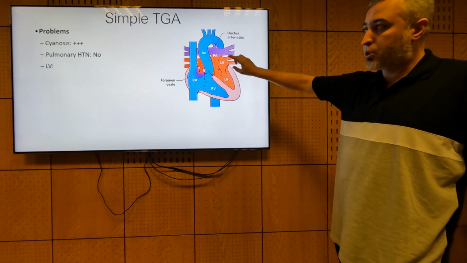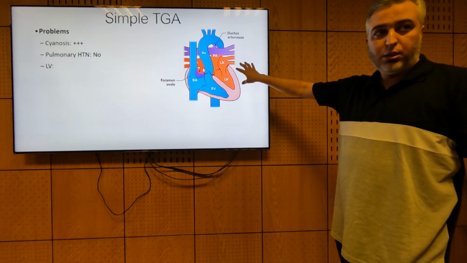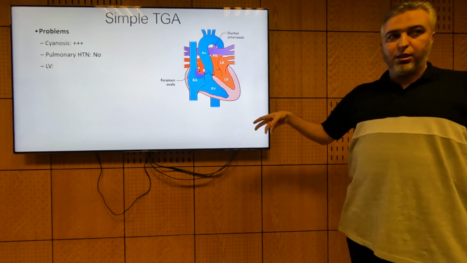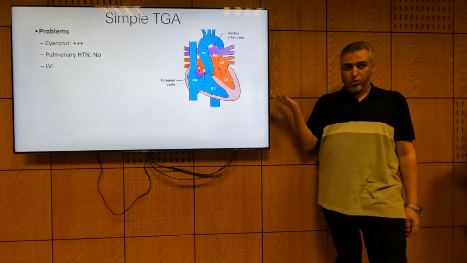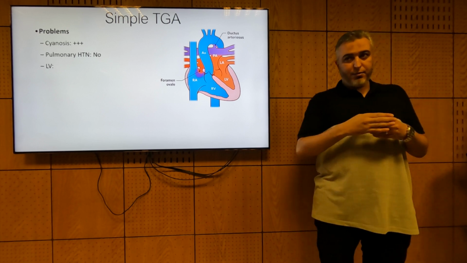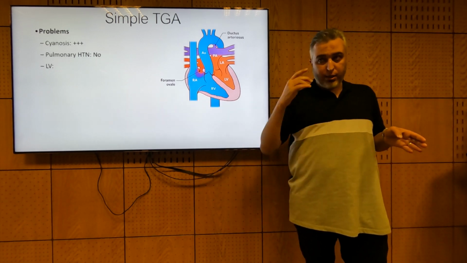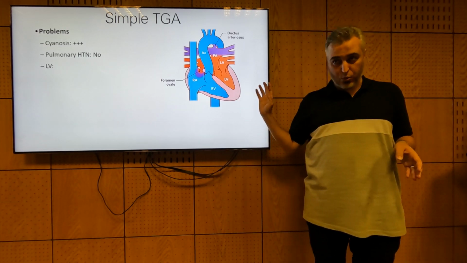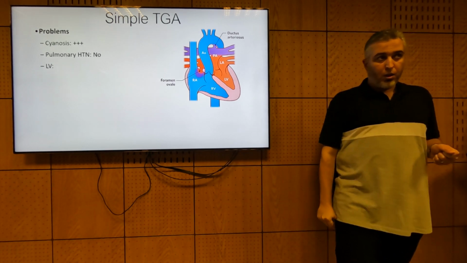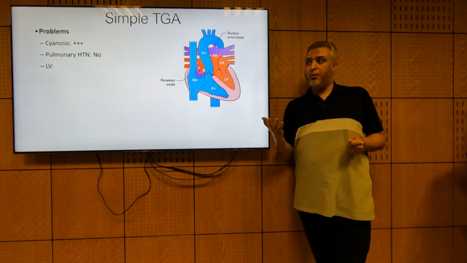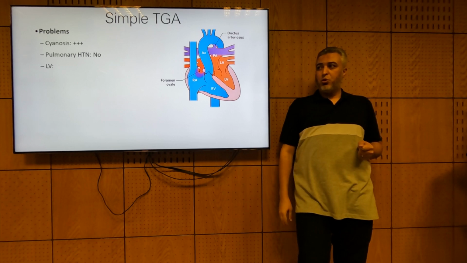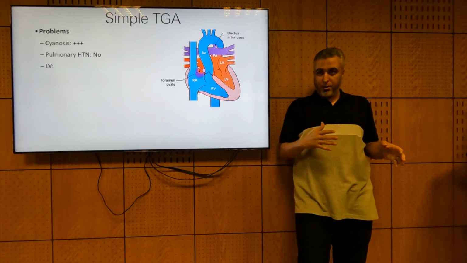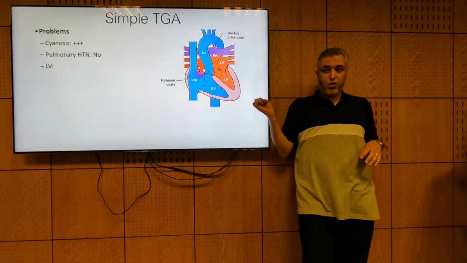And how about the condition of the LV? So immediately after birth, the LV is still conditioned, but then over the following days, the LV mass starts to regress quite quickly. When does that actually happen? So it is variable. It depends on the size of the ASD.